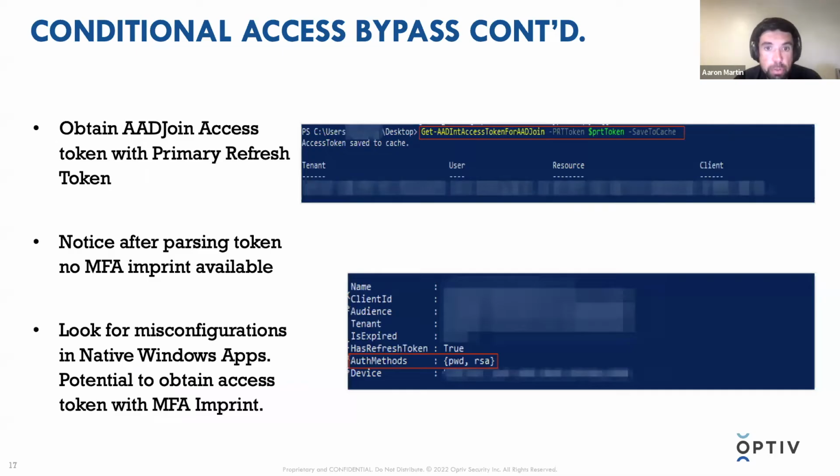But moving into the next slide, from here, essentially what you can do when you connect your Azure AD device is you'll have a primary refresh token. In some cases, depending on what kind of controls the company has in place for conditional access, you may be able to use this primary refresh token in a tool known as AADInternals.